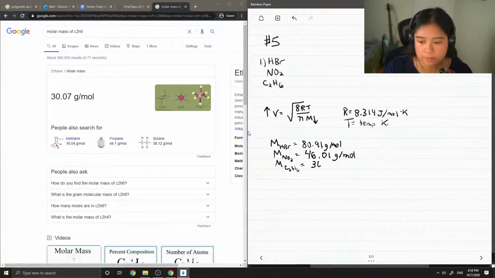And the molar mass of ethane is around 30.07 grams per mole.